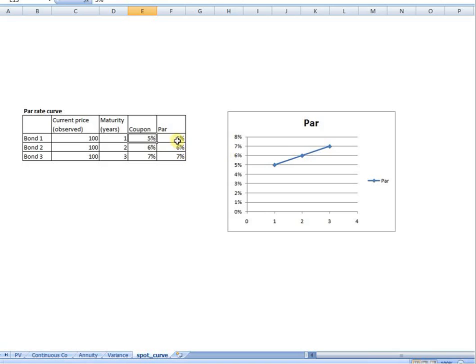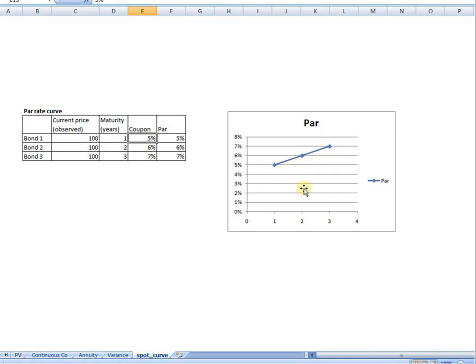So based on what we have shown just now, the par yield is the same as the coupon, which is 5, 6, 7%. And if we plot the par curve using these 3 bonds, it's going to look something like that. 5, 6, 7 over the period of 1, 2, and 3 years. Of course, in reality, in practice, the number of years is going to stretch all the way to say 30 years, and the curve will be longer than this.